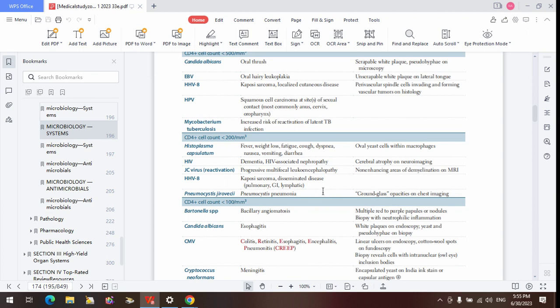What's the clincher for you for Aspergillus? What will you see so that you are rest assured it's Aspergillus? On silver stain, septate hyphae.